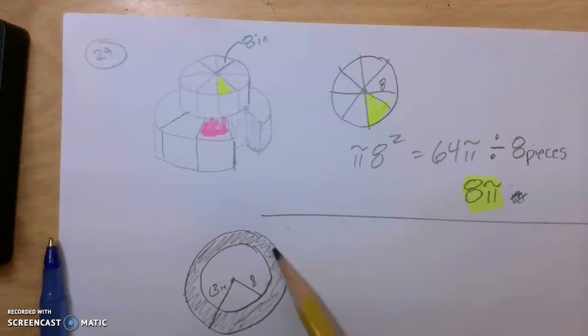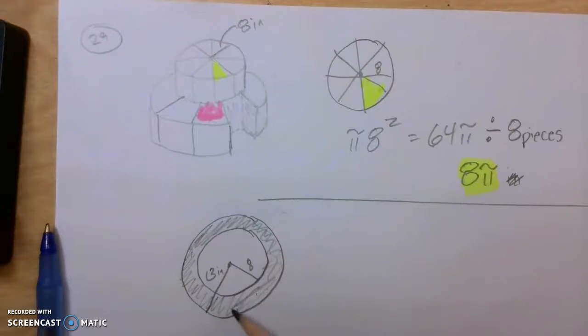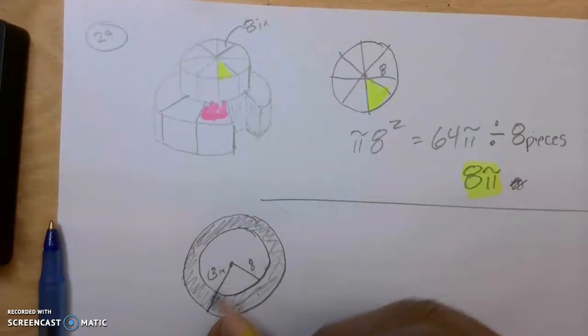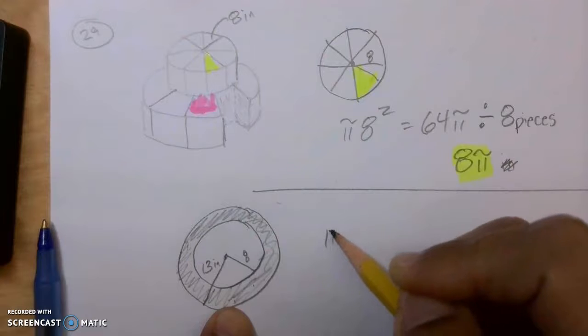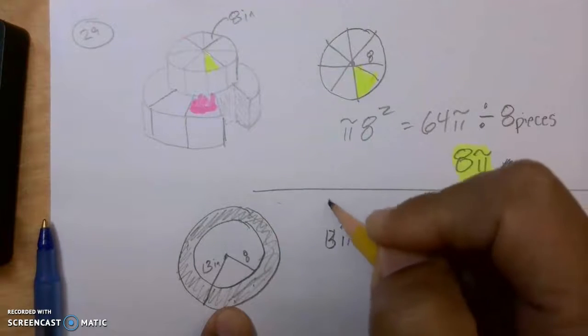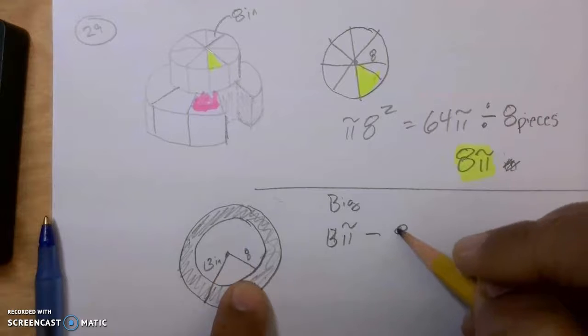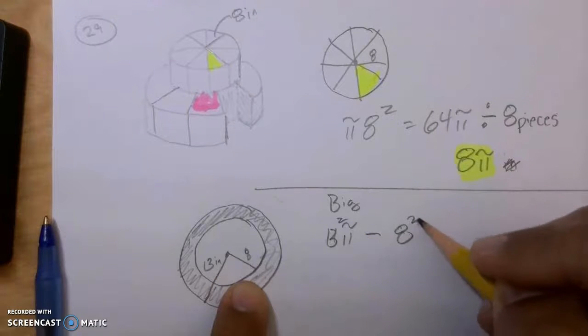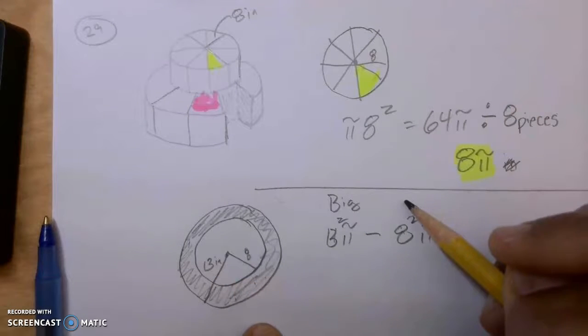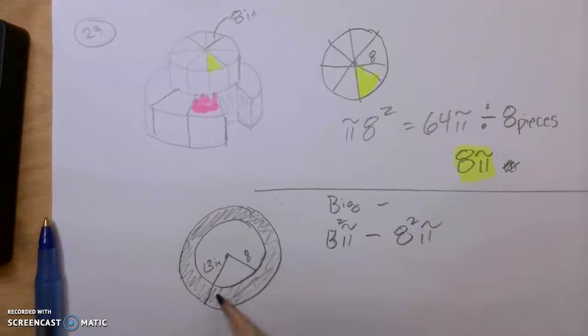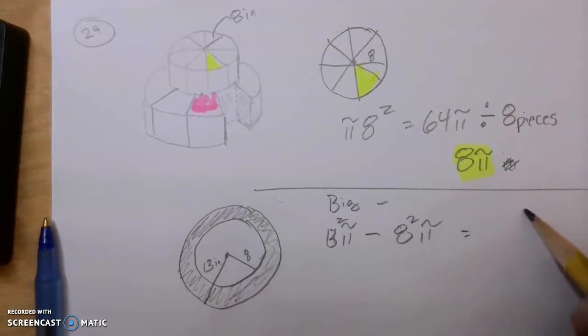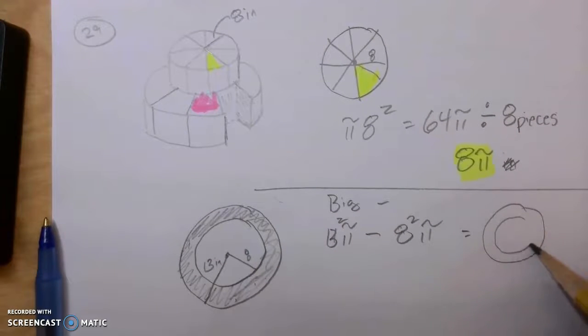And then this shaded part gets cut into 12 pieces. But first, let's just take the big circle, which is 13 pi, minus out the top tier, the 8 pi. We're going to minus out the top layer, and that will give me the shaded part, and that will give you the shaded region around the cake.